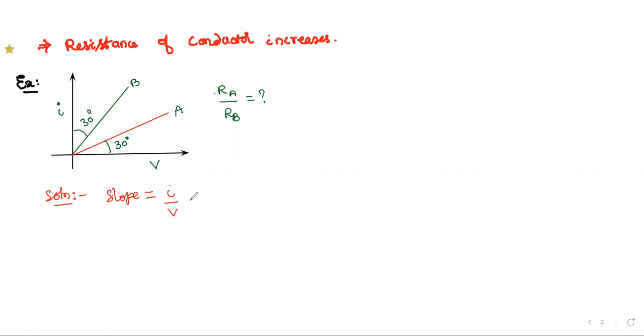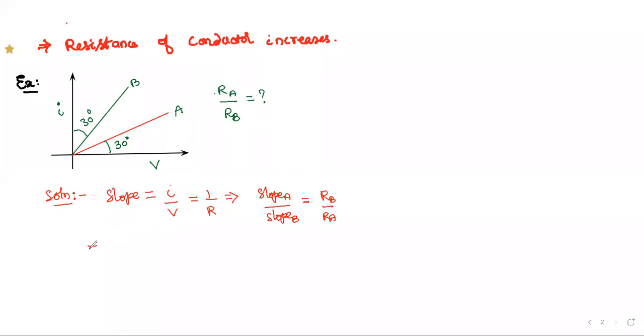I by V equals 1 by R. That implies slope 1 to slope 2 is inversely proportional to resistance, RB by RA. So tan 30 by tan 60 is RB by RA.